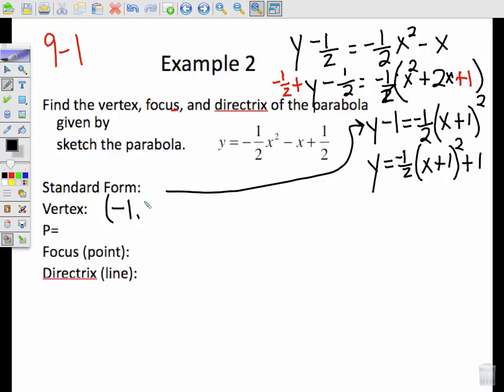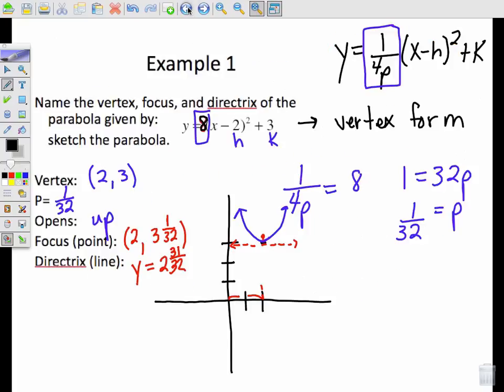You get the H, K value. The P value, so let's calculate this P value. We know that in order for us to find the P value, our equation is this. You can see we did it over here, 1 over 4p.